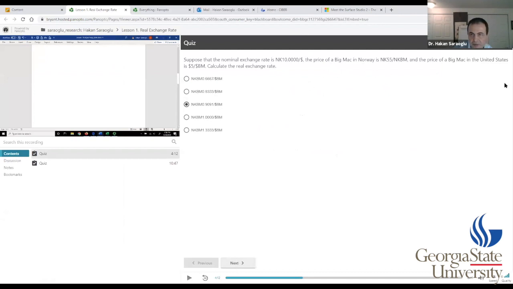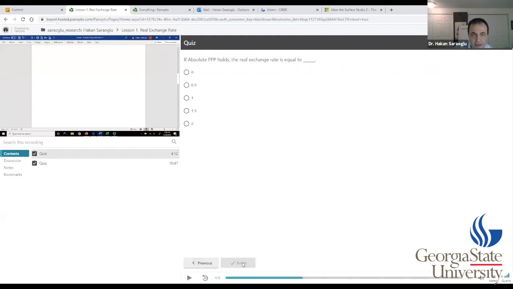This gives an example from Norway and the US, and it's asking me to calculate the real exchange rate with those numbers. And then this one tests my conceptual understanding of the concept of absolute purchasing power parity.